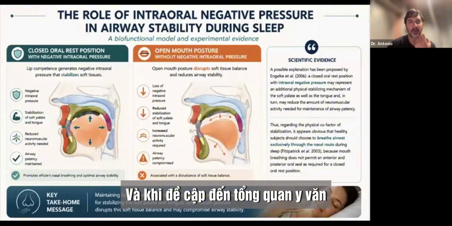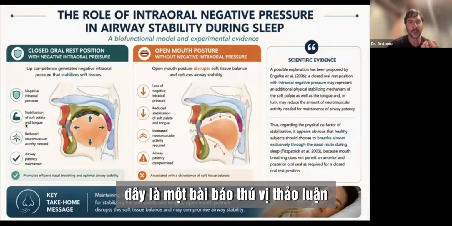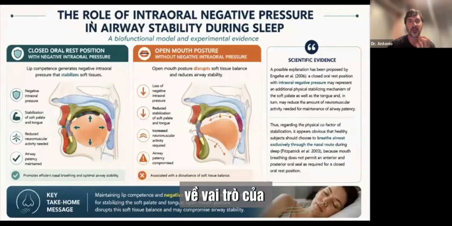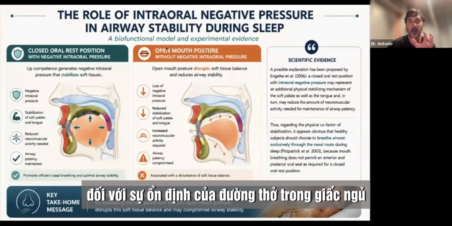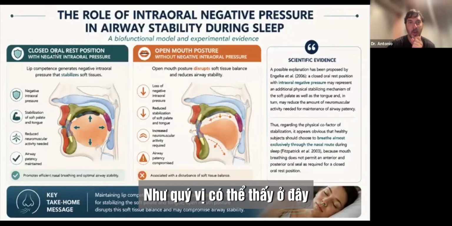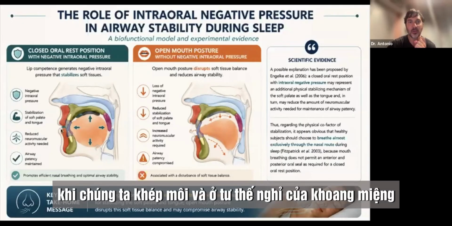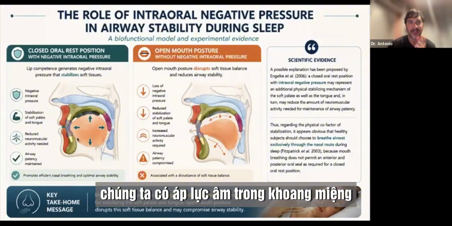And as we talk about literature, this is an interesting article about the role of intraoral negative pressure in airway stability during sleep. As you can see here, when we have closed lips in oral rest position, we have a negative intraoral pressure.